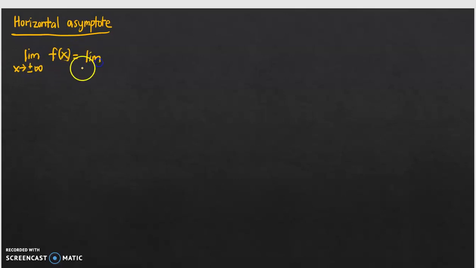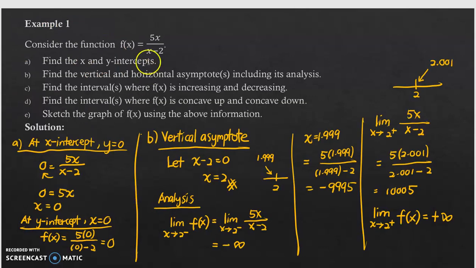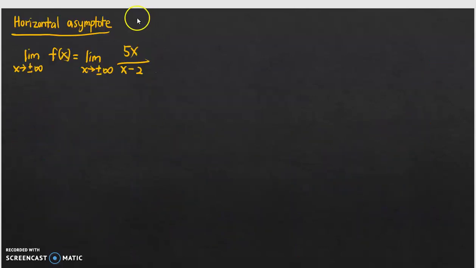Our function f(x) is 5x over x minus 2. So from here, I will divide by the highest degree.